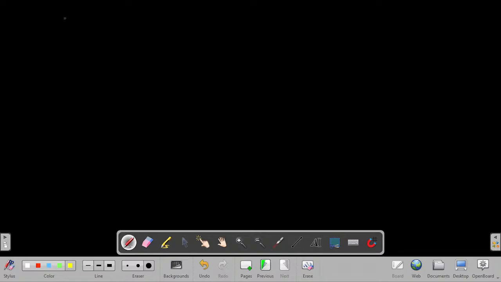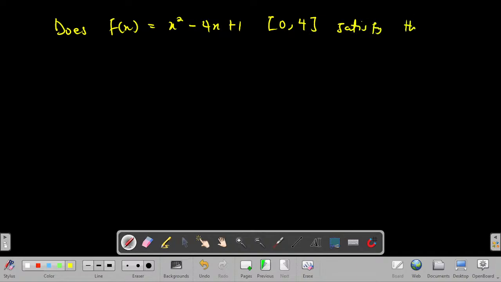The problem says that f of x is equal to x squared minus 4x. Does it satisfy the conditions? If yes, find c.